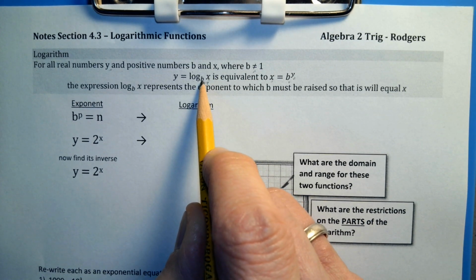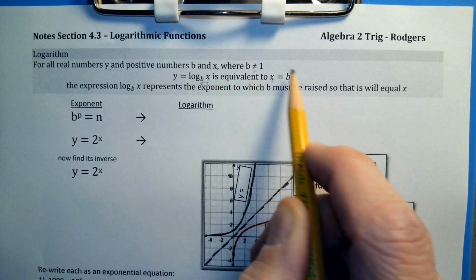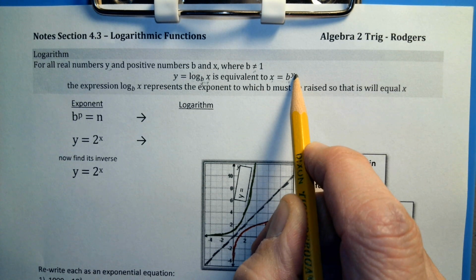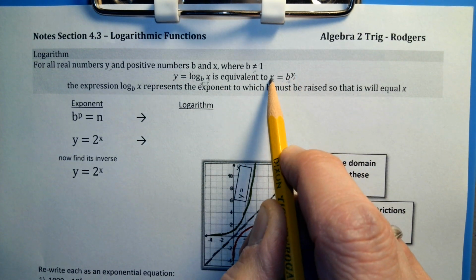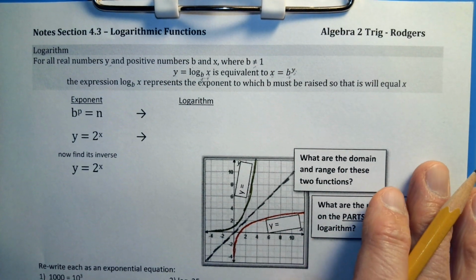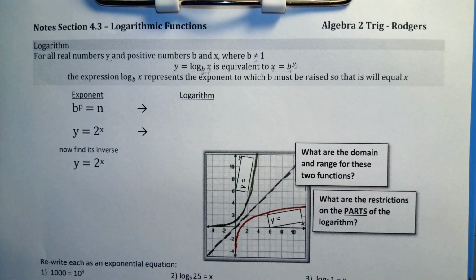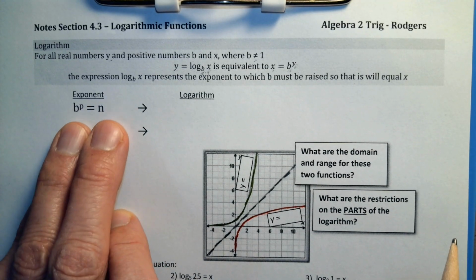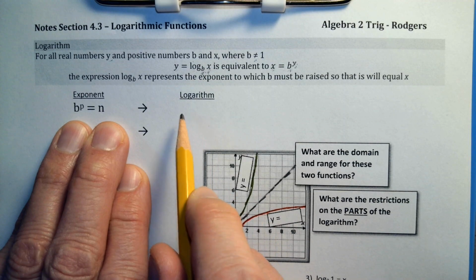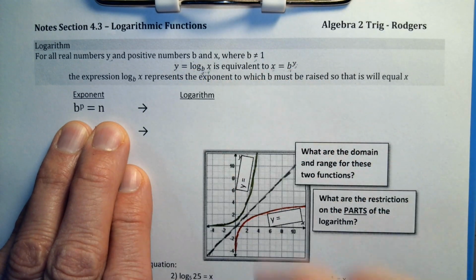So what would I have to raise b to make it equal to x? Well, y is what I would have to raise b to make it equal to x, and that's what this is. Again, the first couple times it's going to be really confusing, but as we play around with it, it'll make more sense. So try converting. Pause this video and convert this exponential equation into a logarithm using these rules up here.